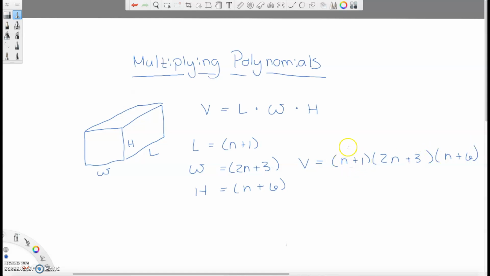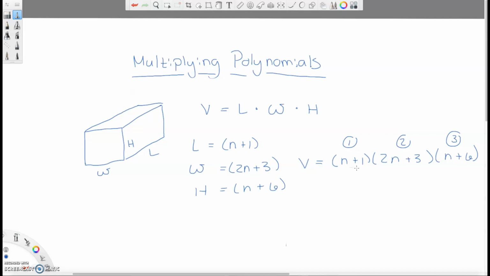Now, guys, anytime you have three distinct polynomials, it does not matter which order you multiply them together. I'll say that again, guys. When you have more than two polynomials, it doesn't matter which ones you multiply together at first.